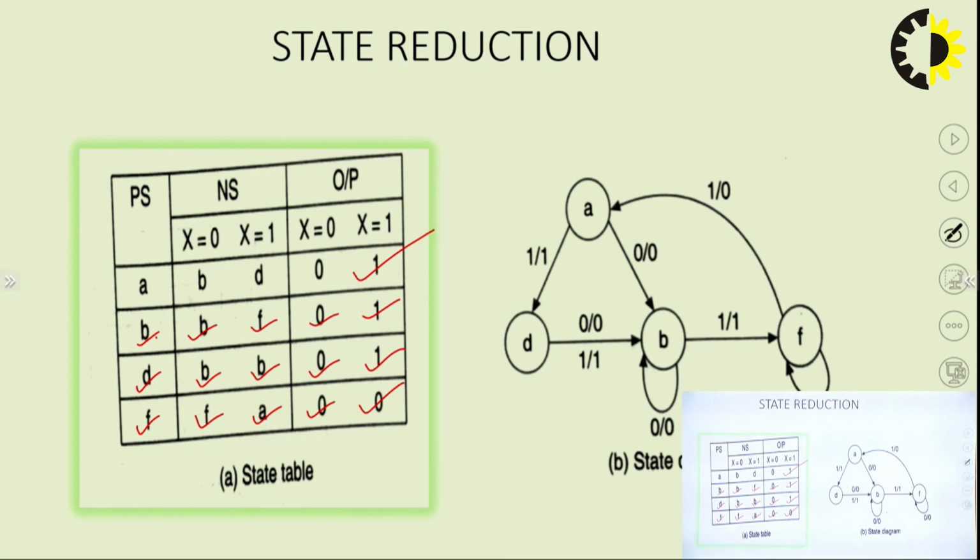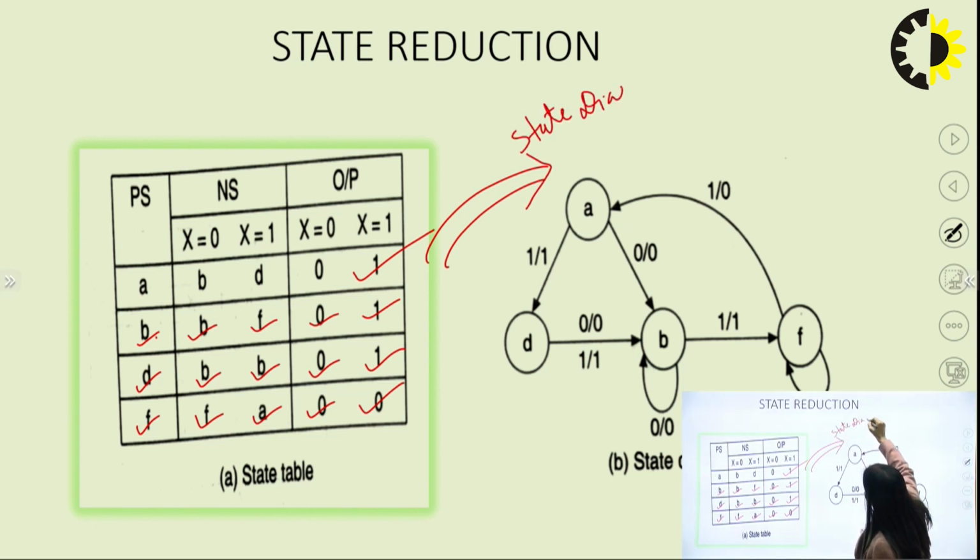After reducing this state table, I can also draw my state diagram. I will redraw my state diagram. Now I have only 4 states instead of 6: A, B, D and F. So state diagram, corresponding inputs, corresponding outputs.